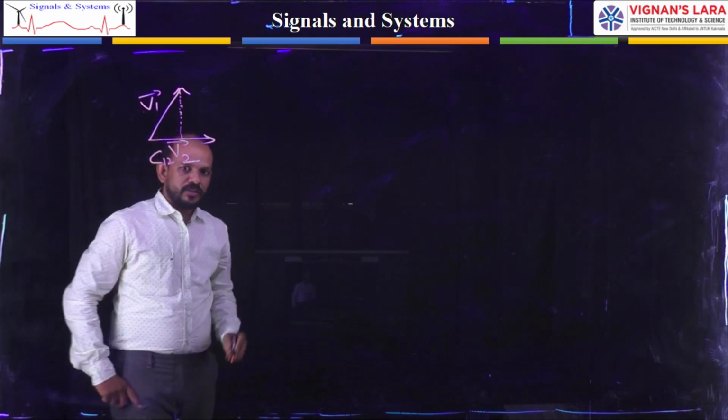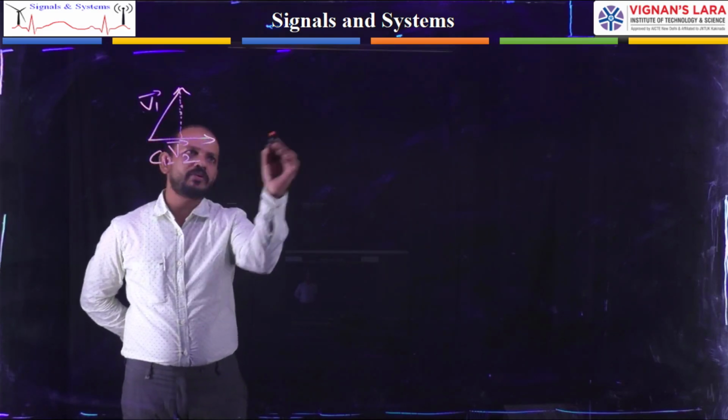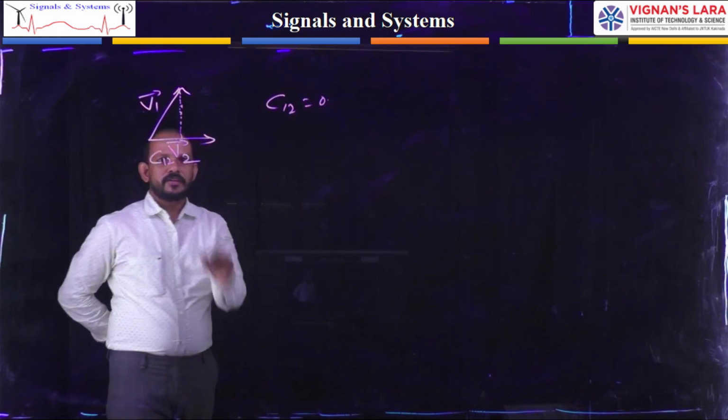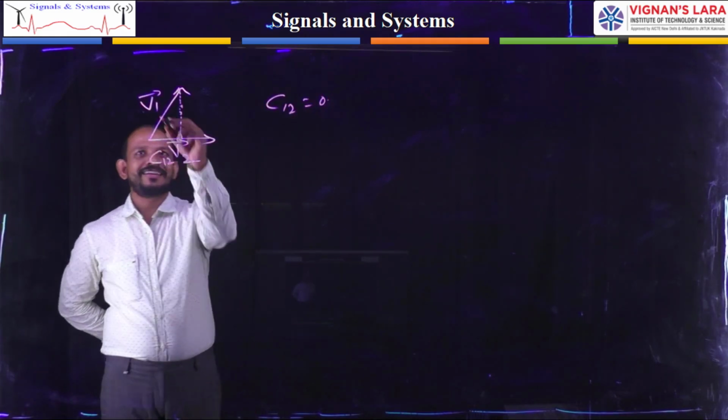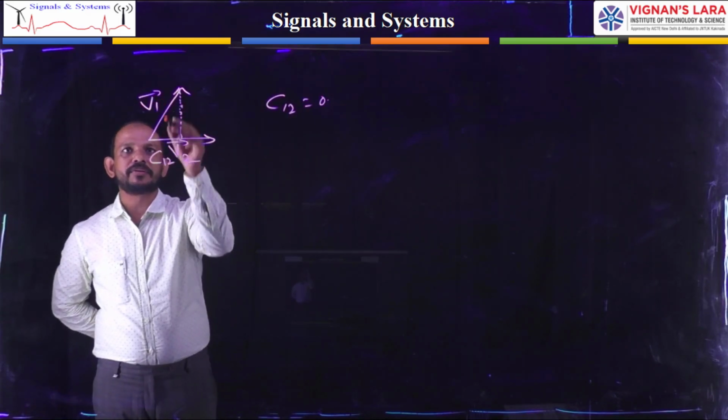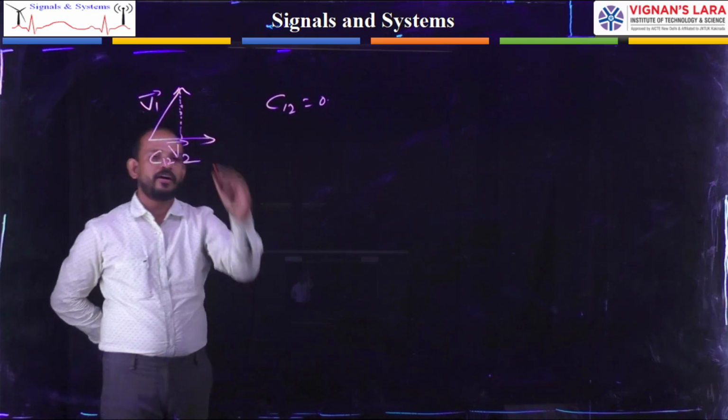Here, if the value of C12 equals 0, there is no component of V1 along V2.